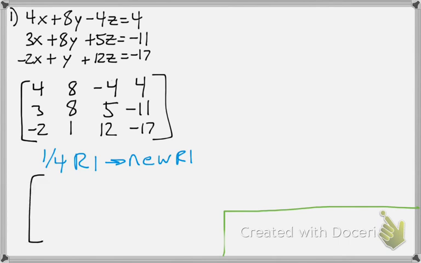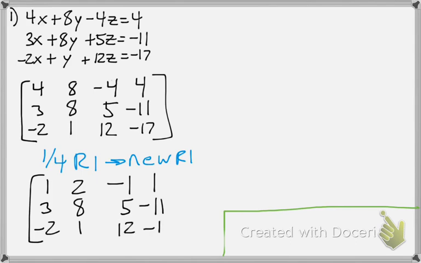So that should get me 1, 2, negative 1, 1, and then 3, 8, 5, negative 11. So the other rows are not changing. Again, this is very similar to last time.